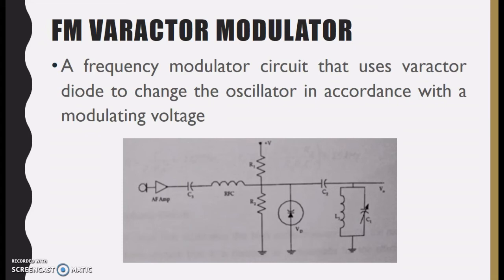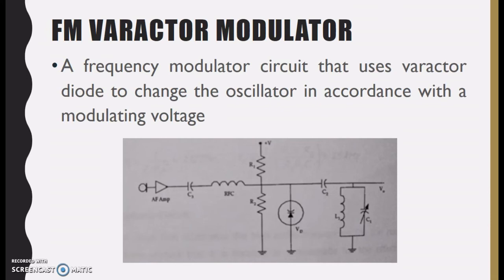So the total effective circuit capacitance then is the capacitance of the varactor diode in parallel with the first capacitance. This fixes the center carrier frequency.